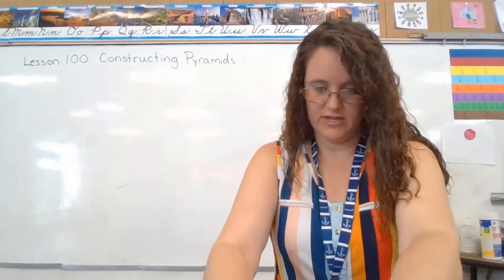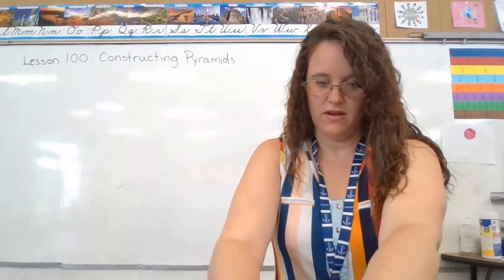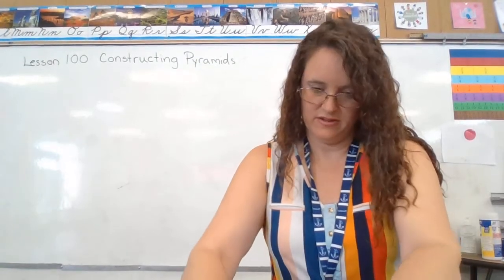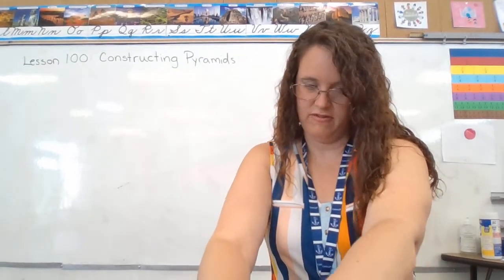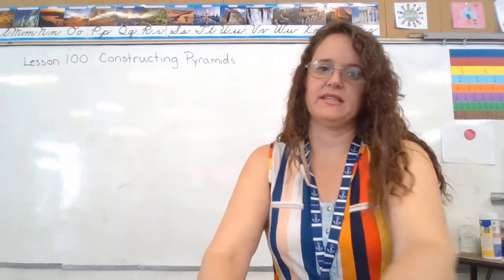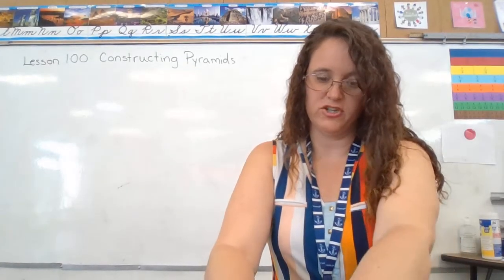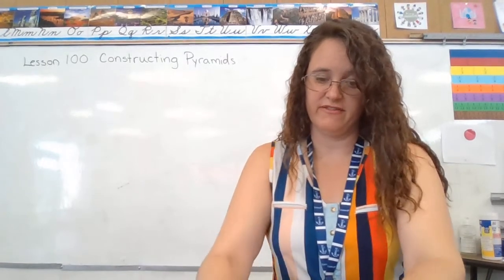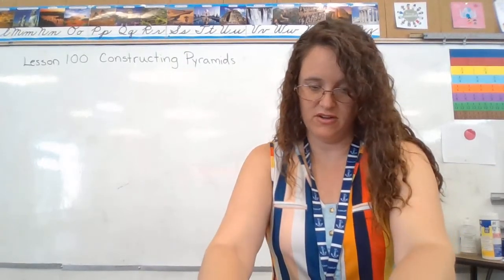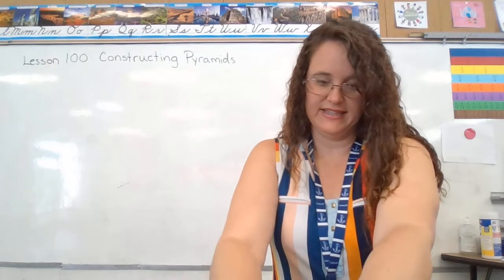So I'm folding all of my lines here. Careful with those little tabs. They're kind of small and you can get them folded too far or not far enough. So you want to make sure you're right on the lines.